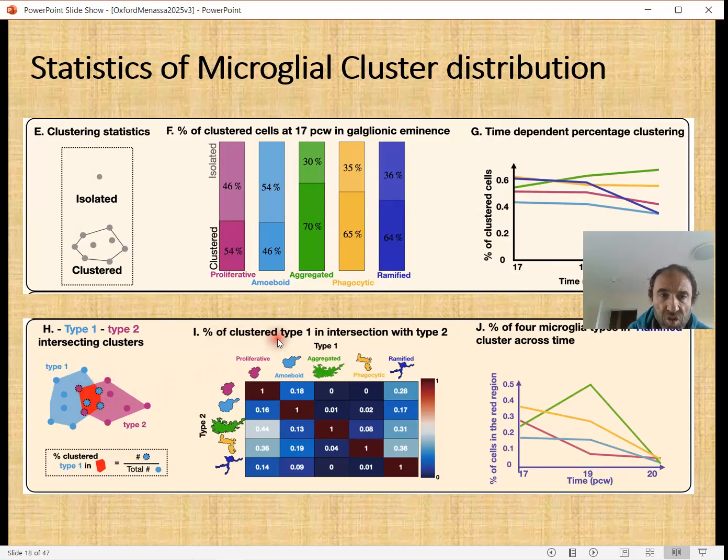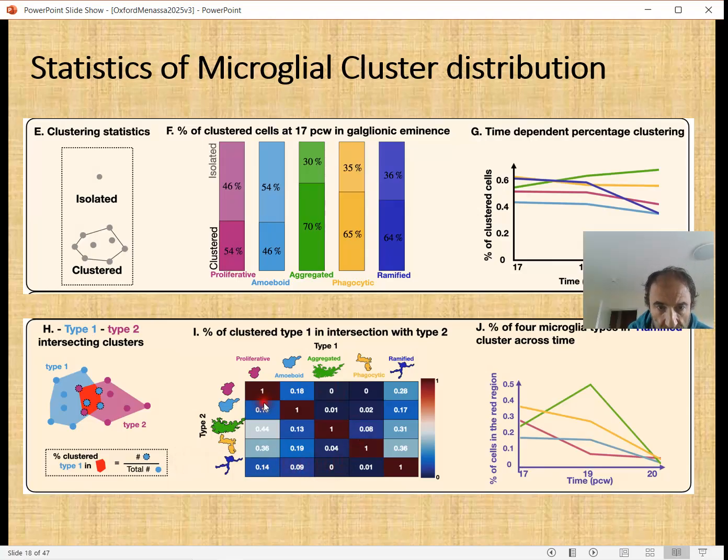So you look at the percentage of clusters of type 1 in intersection with cells of type 2. This is what we did here. You can see, for example, in this graph, the fraction of type 1 and type 2, as illustrated here, what the percentage of the cells is, and we divided by the total number of cells as shown in this formula.